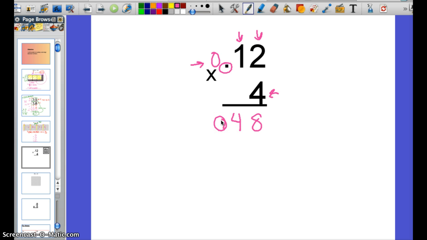So now we have to get back to this pesky little decimal. What are we going to do with that? Well, we need to look at how many times did we need to change the number. So if we're multiplying 12 times 4, we get 48. Except if you see in our example, we have 12 hundredths times 4.